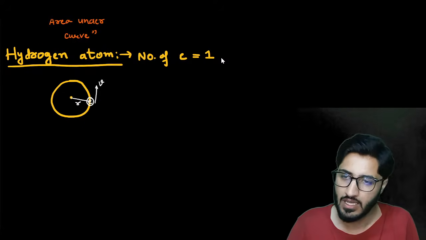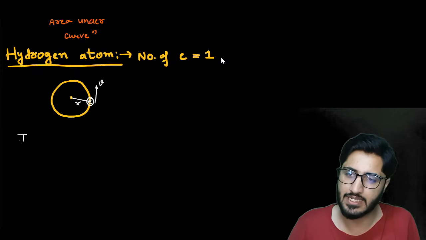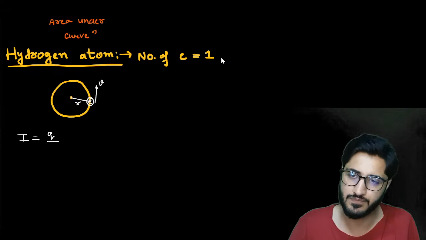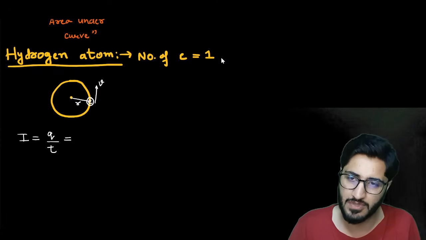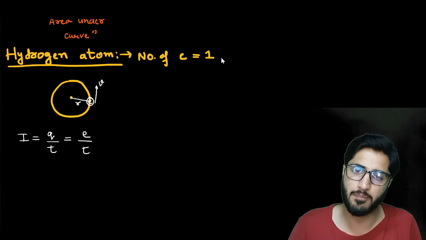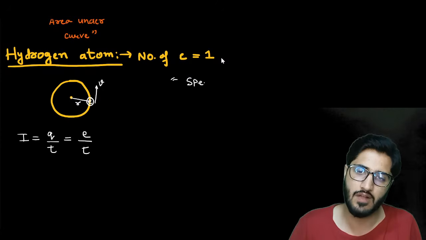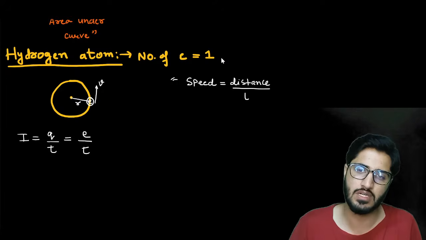Look now. By a simple equation, my current is equal to charge by time. Charge is how much? Electron e. Time is T. From mechanics we know speed is equal to distance by time.